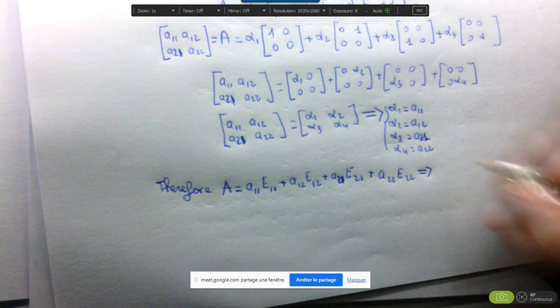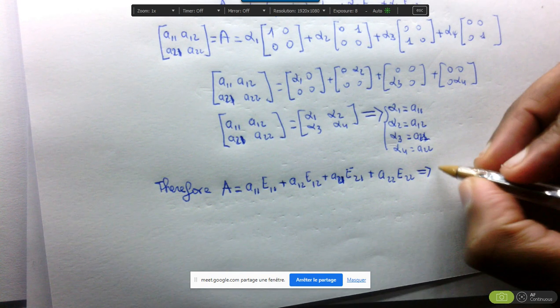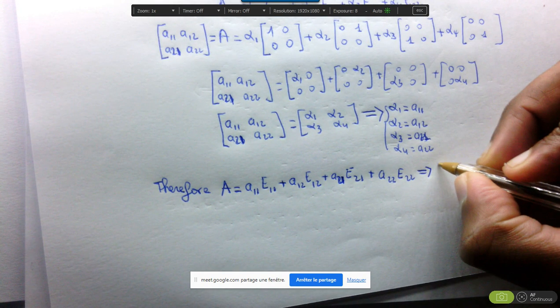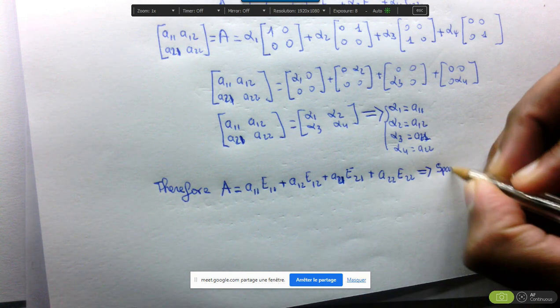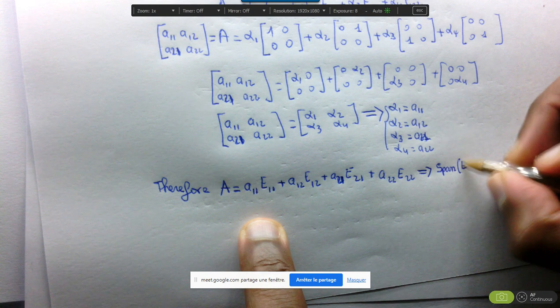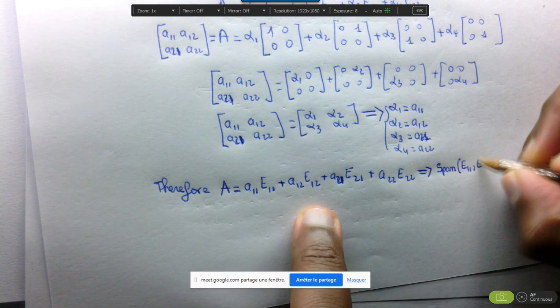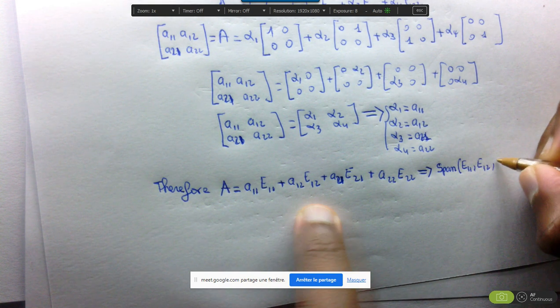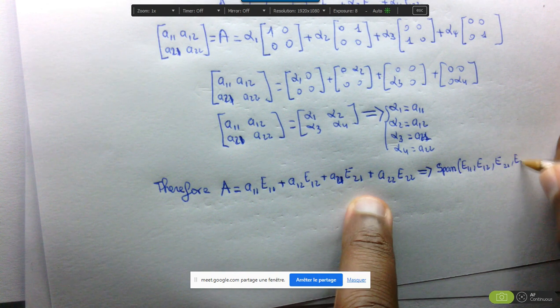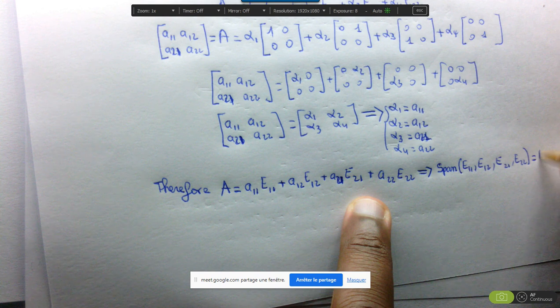So this implies that these matrices E11, E12, E21, E22 actually span R2 by 2.